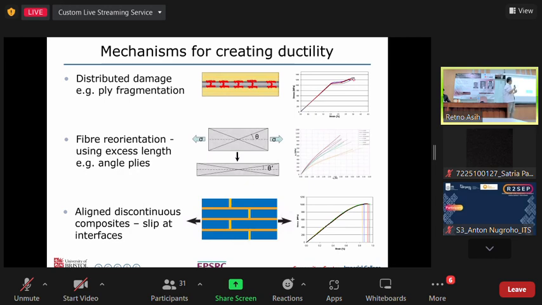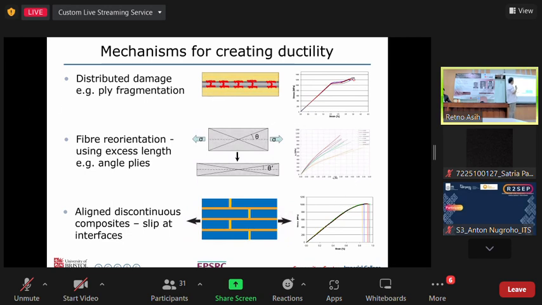There are three approaches that we can use to create ductility that have been successfully demonstrated. For example, we can use the hybrid concept, between high strain and low strain material, where we get fragmentation and dispersed delamination, and we get this nice elastic region and plateau.